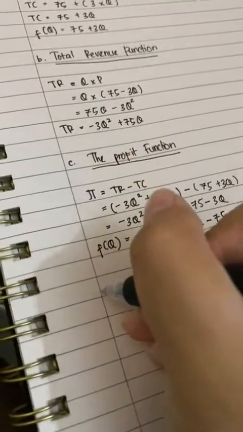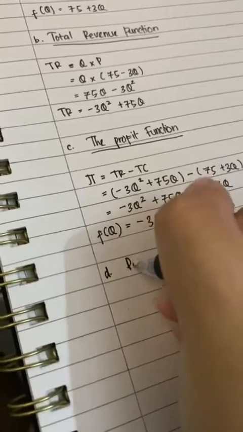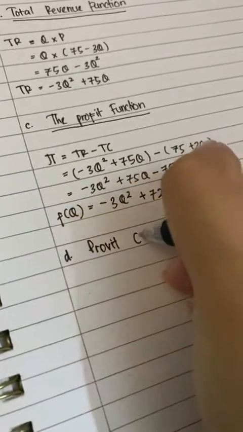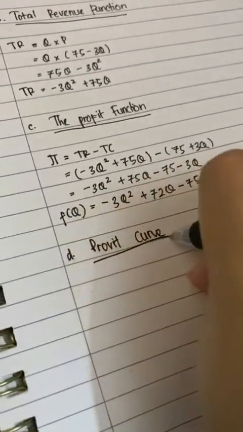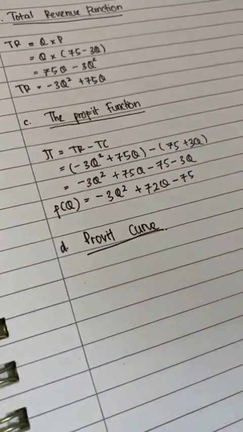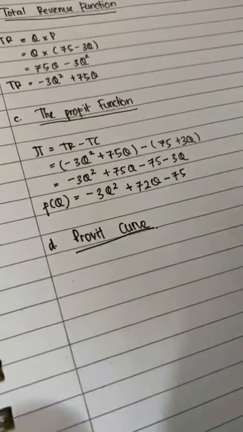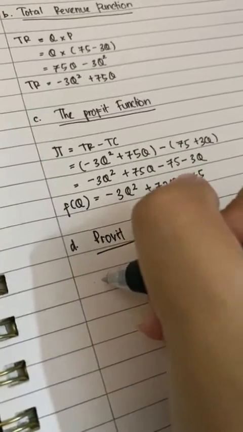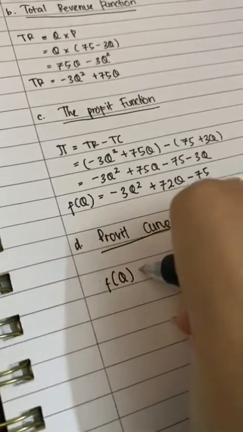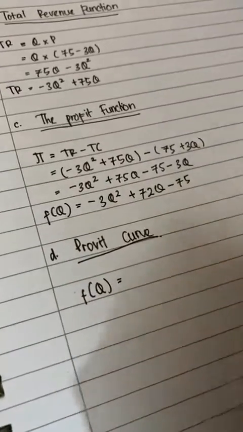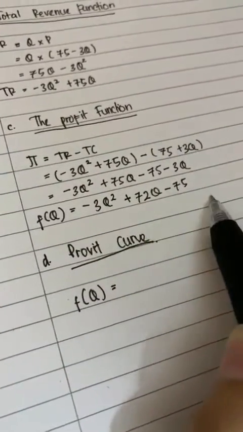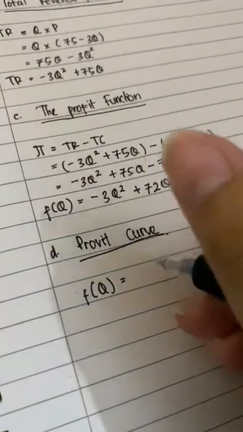The next step, we are going to find the profit curve. The formula is a little bit different, so I'm going to switch the camera first. We write down the function because it's important: we find A, B, and C from this function.